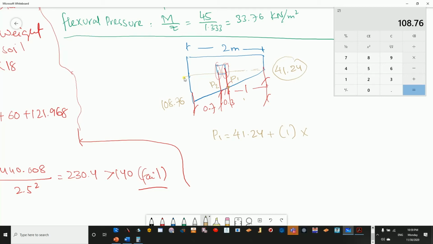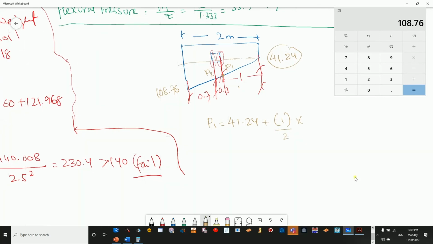So how much is it for 1 meter of that particular full distance? The full distance is 2 meters, so 1 divided by 2, half of the distance, multiplied by 108.76 minus 41.24, which is the triangle height.